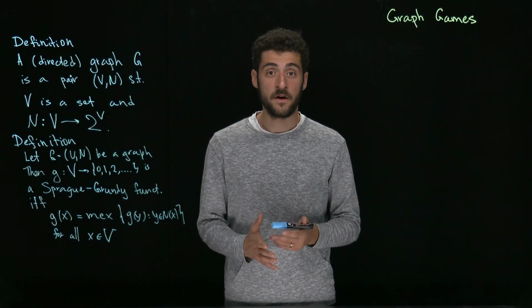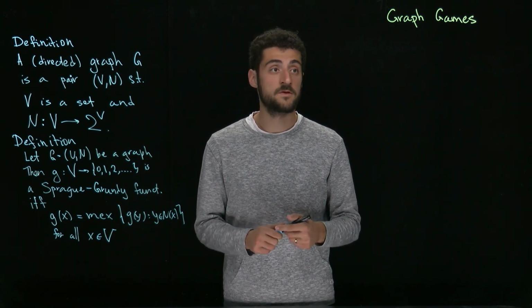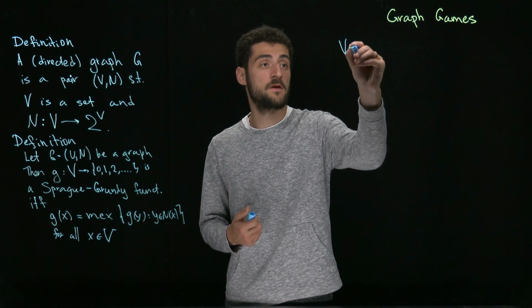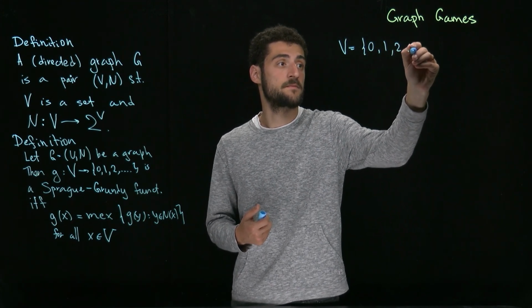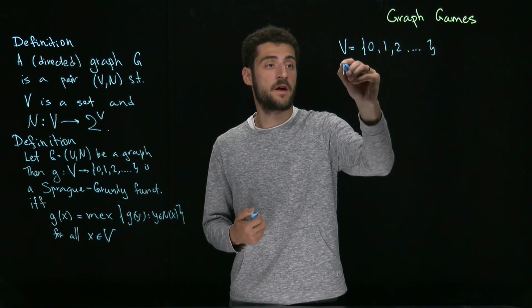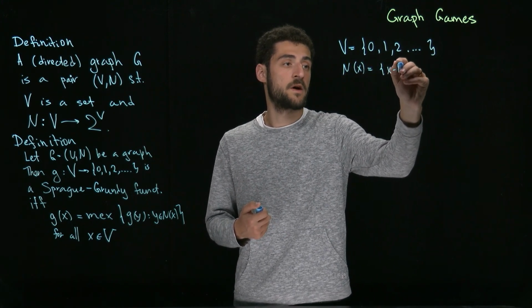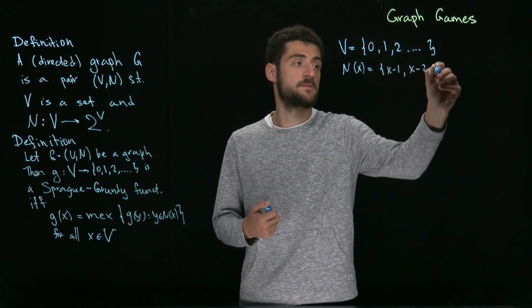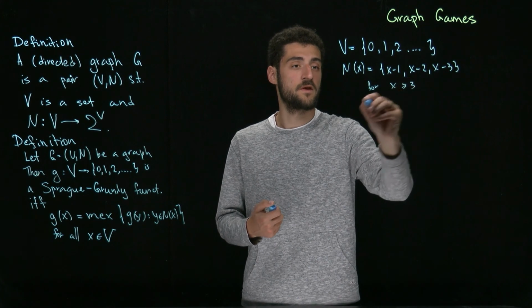Let's try to find the Sprague-Grundy function for the game from the first video. Recall that V is the set of non-negative integers, and n of x is equal to x minus 1, x minus 2, and x minus 3, for x greater or equal than 3.